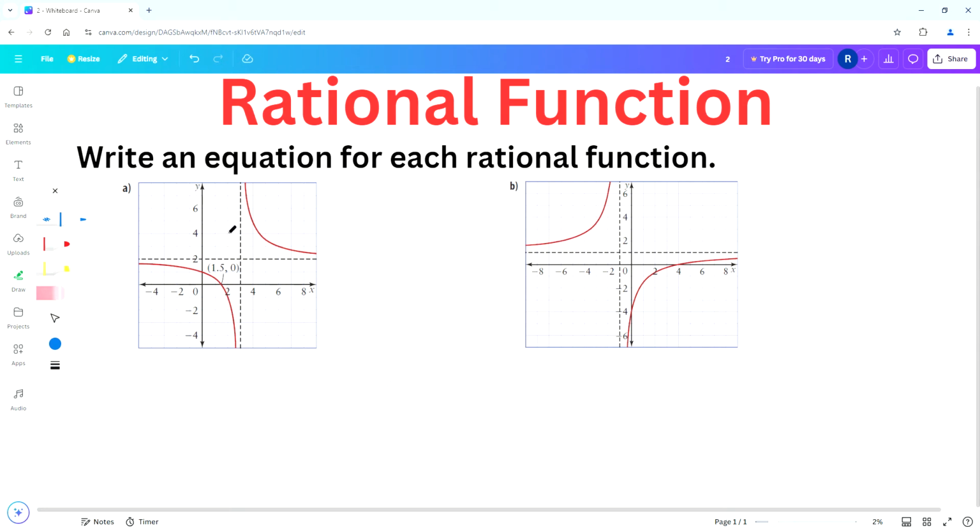The graph has one vertical asymptote, so this graph can be represented by the general equation. We have to find the values of A, B, C, and D for the graph in part A. The first step is to identify the key features of the given graph. The horizontal asymptote is y equals 2.